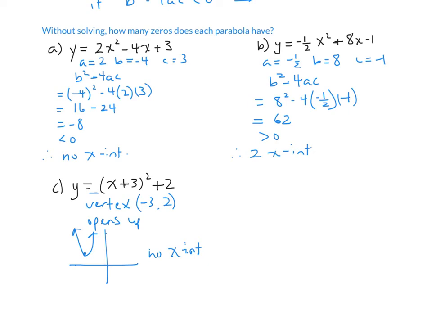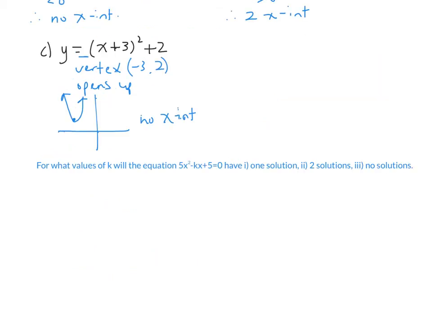All right, and I have one more example I would like to do with you. For what values of k will this equation have 1 solution, 2 solutions, or no solution? Okay, to have 1 solution, we know that b squared minus 4ac has to equal 0.